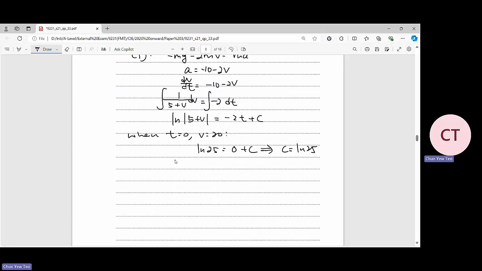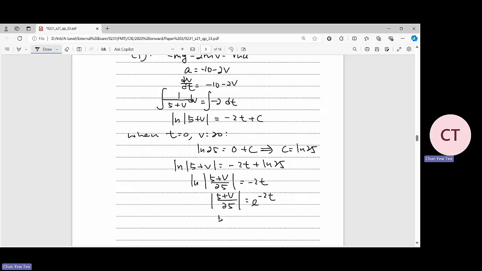Replace it back, you get ln of modulus 5 plus v equal to negative 2t plus ln 25. Then if you join them together, you get ln of modulus (5 plus v) over 25 is equal to negative 2t. Then you have (5 plus v) over 25 is equal to e to the power negative 2t.